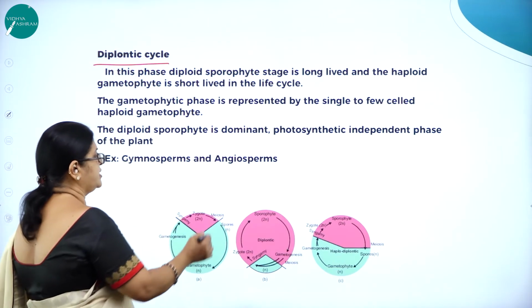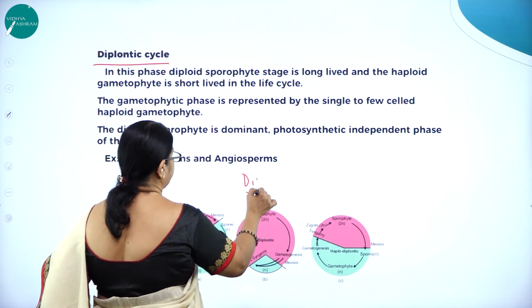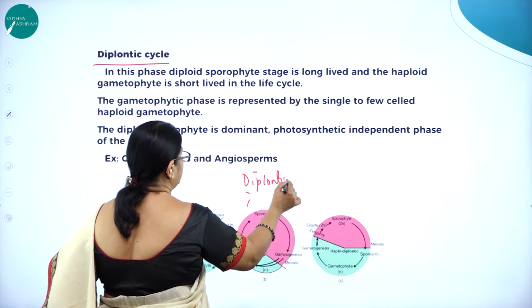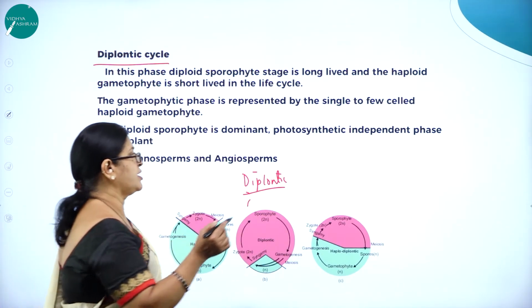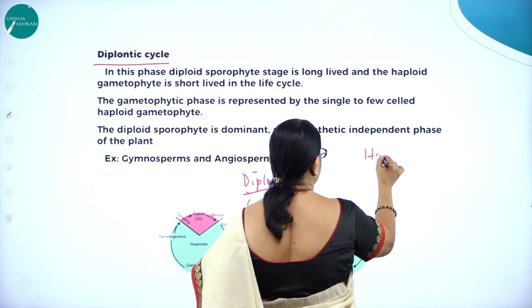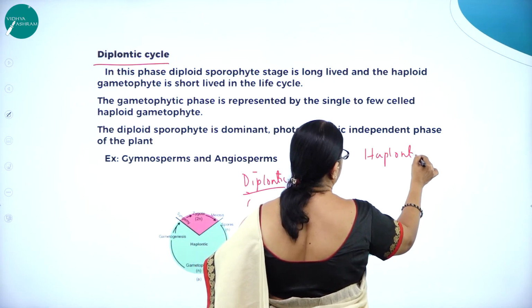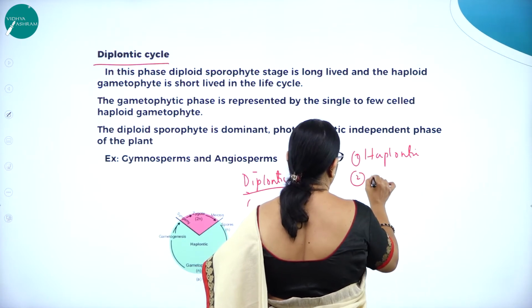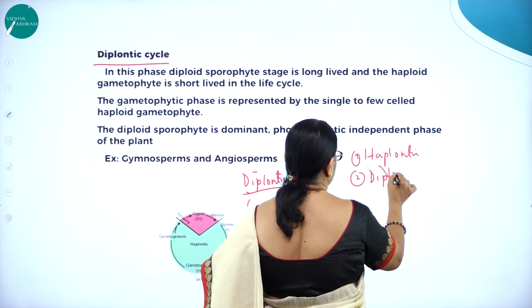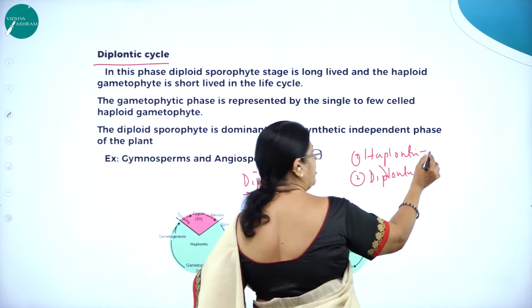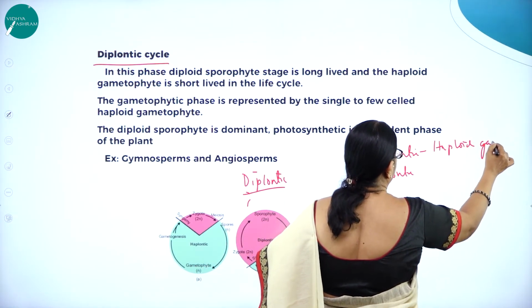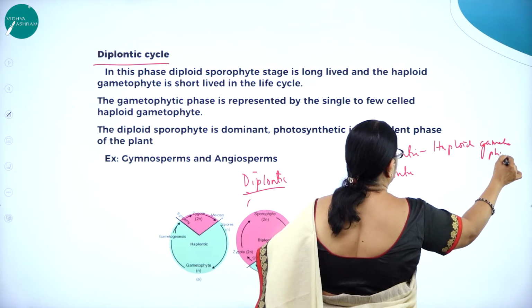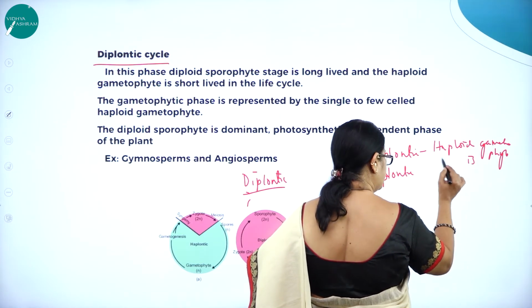Here you can see this is called diplontic. Here in diplontic, the diploid sporophyte stage is long-lived. In haplontic, that is haploid gametophyte, gametophyte is dominant.